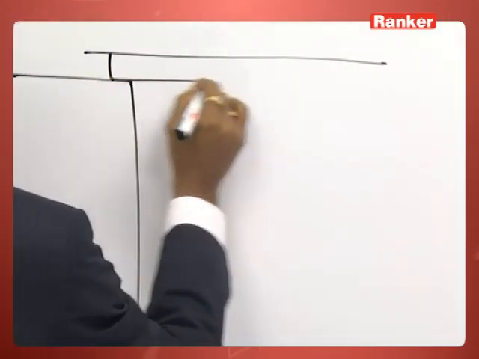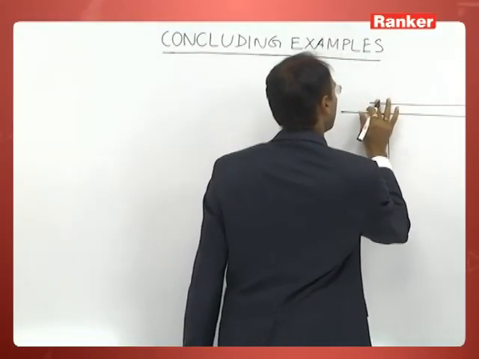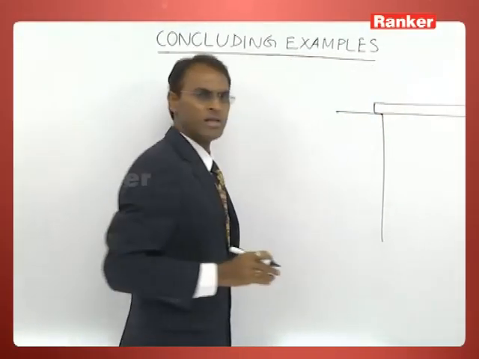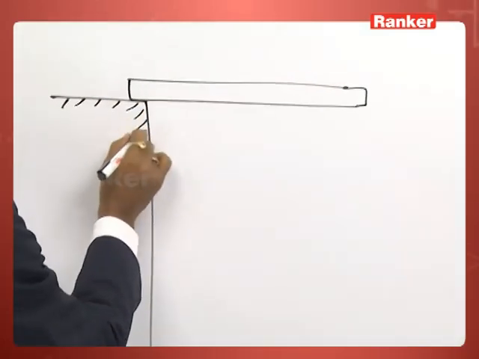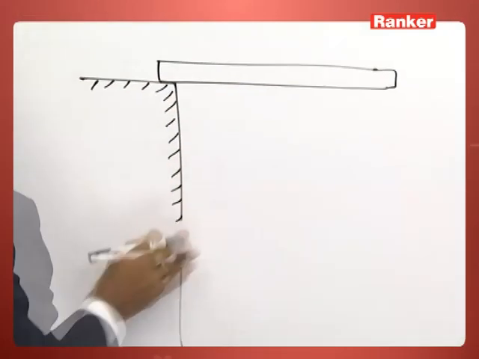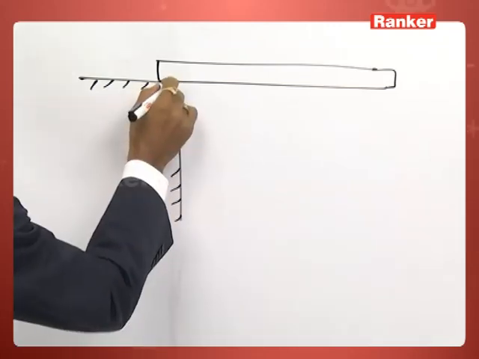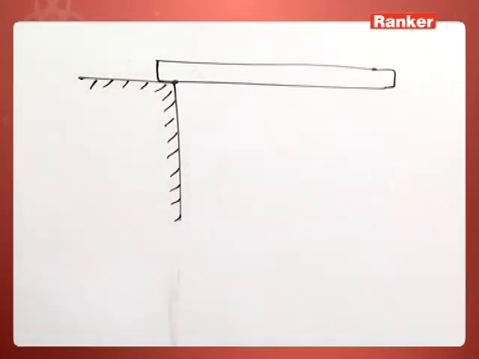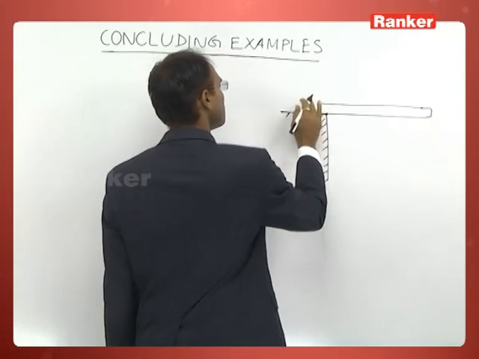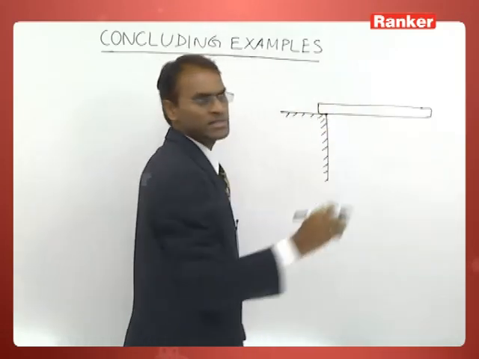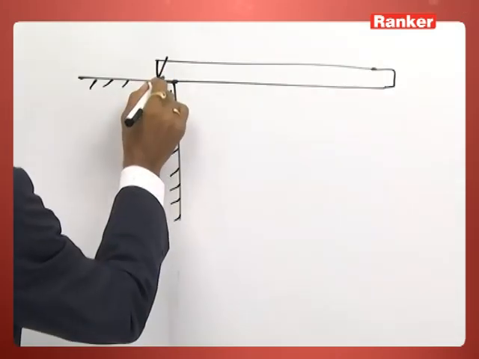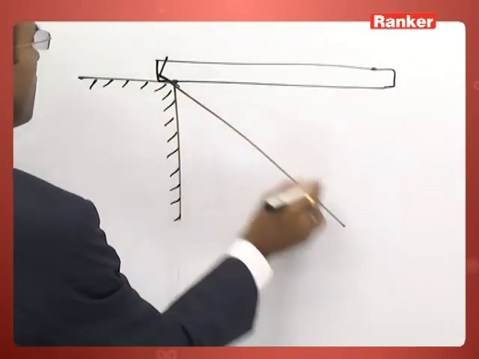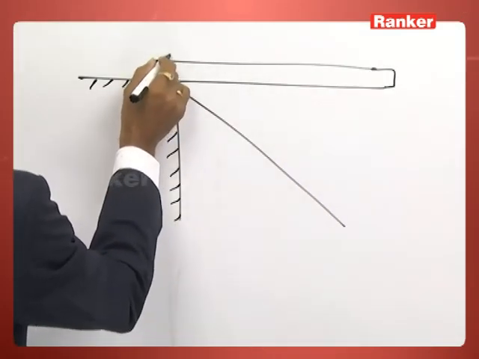Here is a rod. The rod is placed horizontal on this surface so that here sufficient friction is there, and the rod doesn't slip while it rotates. When you lift the rod, it rotates like this.